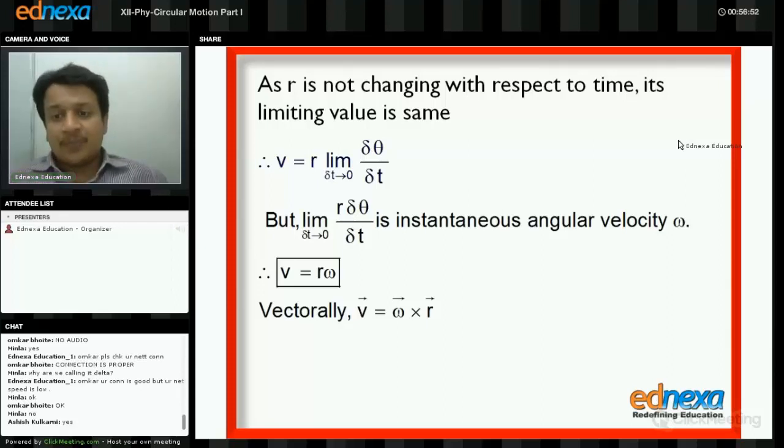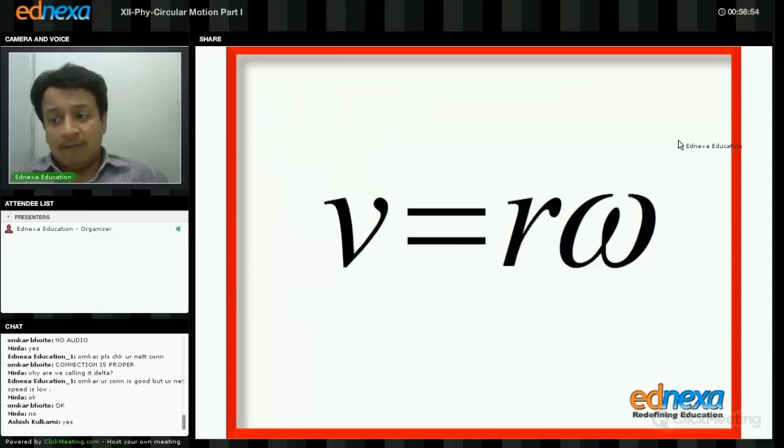Let's proceed further. And don't forget this formula, v equal to r omega, a very important formula which we are going to use throughout the process. As we discussed, the relation between linear velocity and angular velocity.